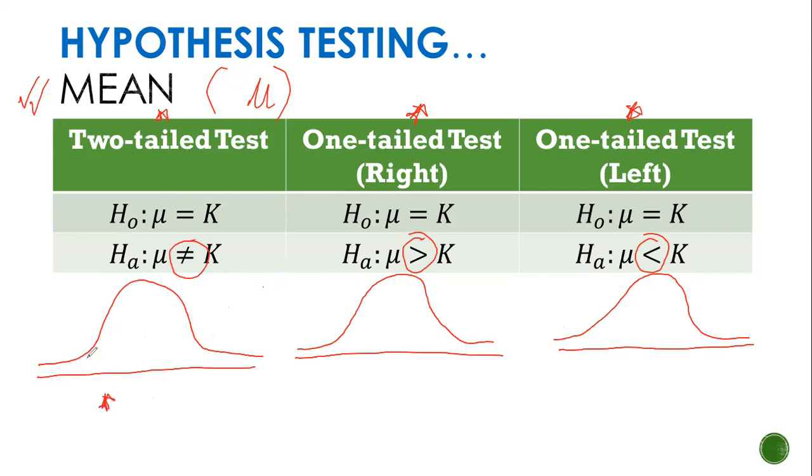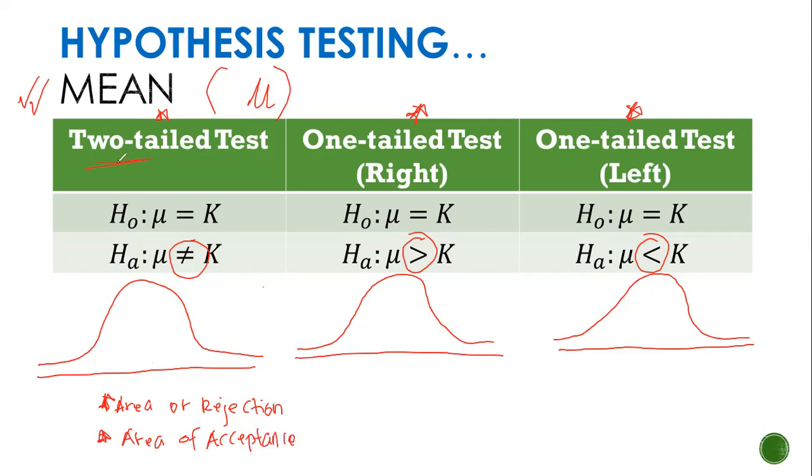Diba? This one are divided into areas. We have your area of rejection and then your area of acceptance. Okay. We have your area of rejection or rejection area or rejection region. Then your area of acceptance.